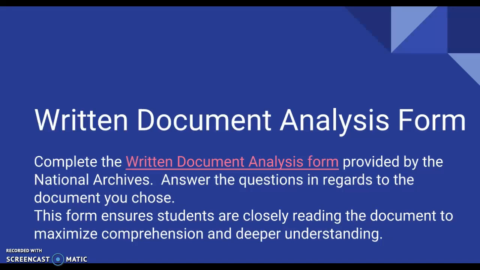This is a graphic organizer that helps them comprehend what they're reading in a very detailed and deep way so that they completely understand the document that they are researching and studying. The form ensures students are closely reading the document to maximize comprehension and deeper understanding.